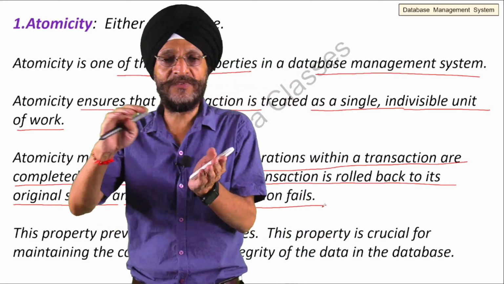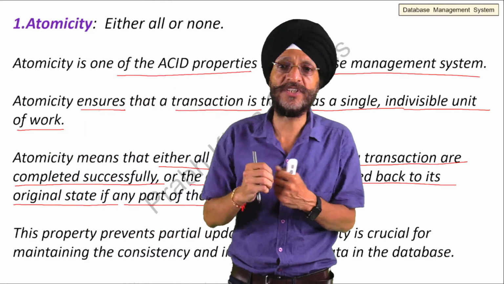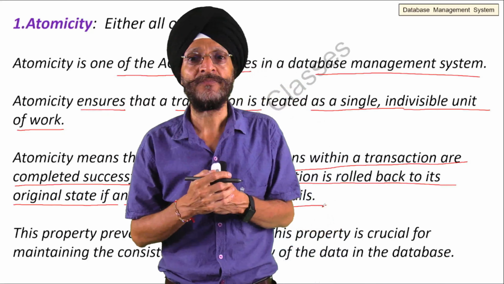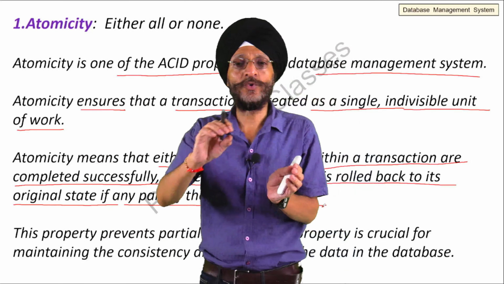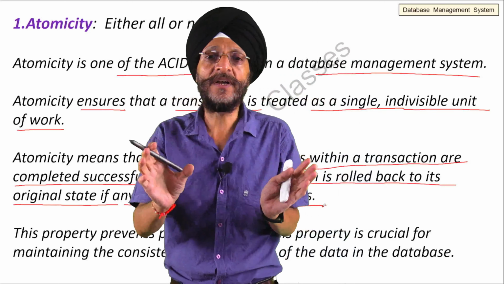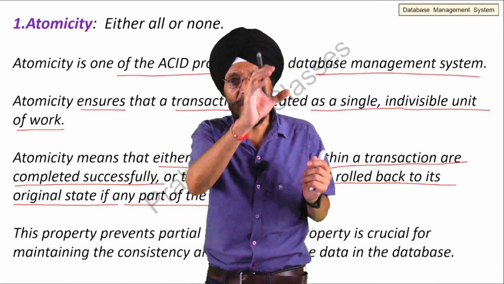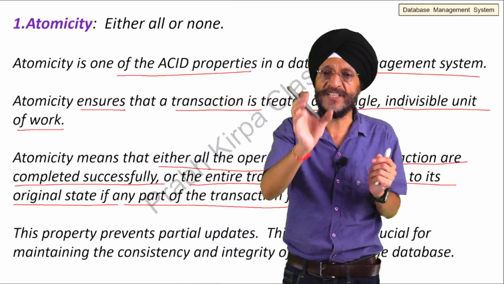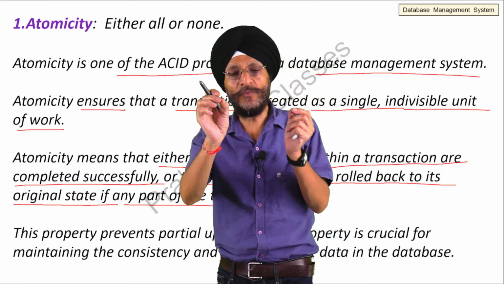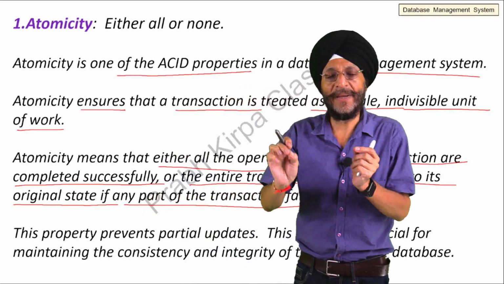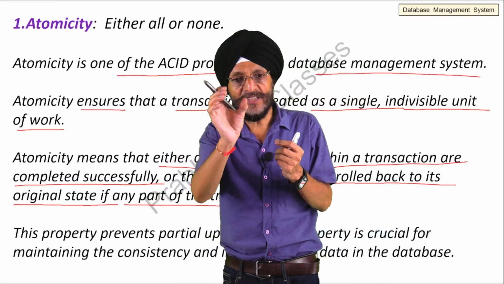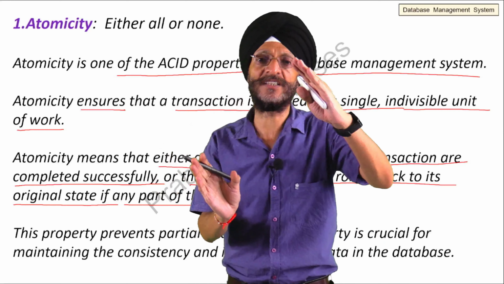Then you may be asked what you want to perform on the ATM machine, whether you want to check your balance or withdraw an amount. Then after that, you may be asked how much amount you want to withdraw. That is, there are many operations within a single transaction, whether you want to withdraw money from the ATM machine or check your balance in your account. So these are all the operations which are involved in a single transaction.